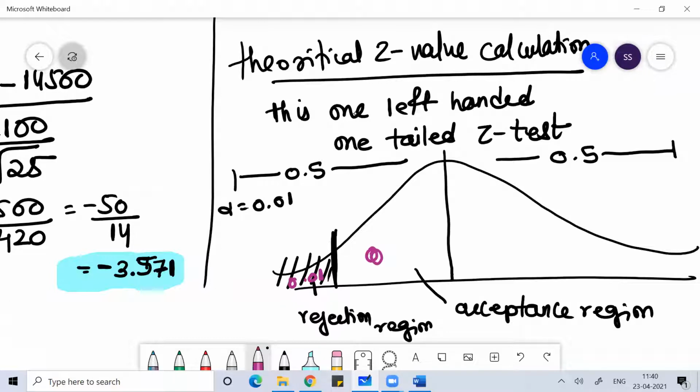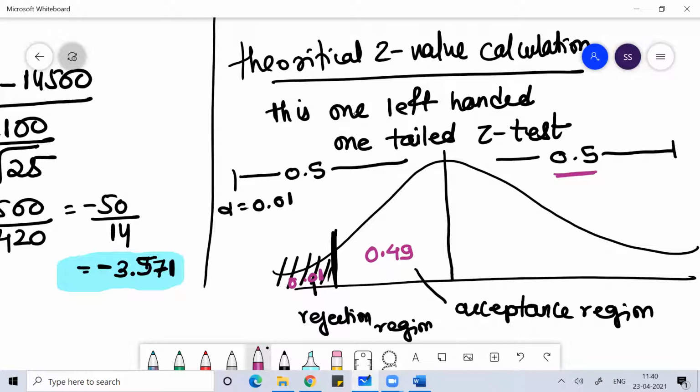Your acceptance region will then be 0.49, because the total area on the left hand side is 0.5, and the total area on the right hand side is 0.5.